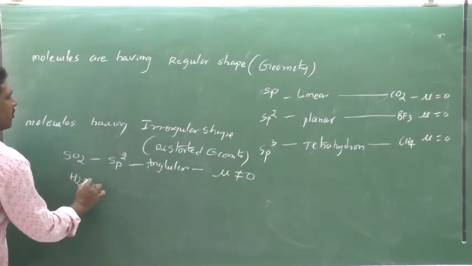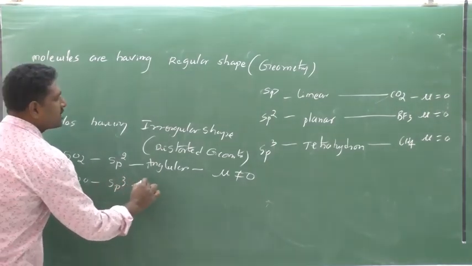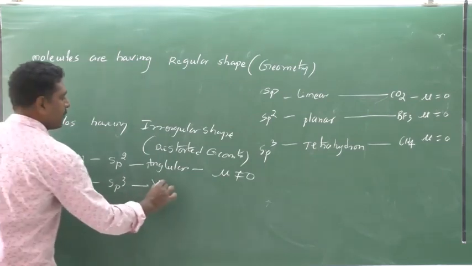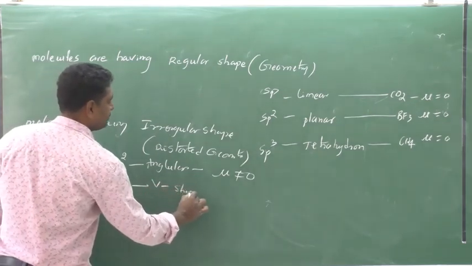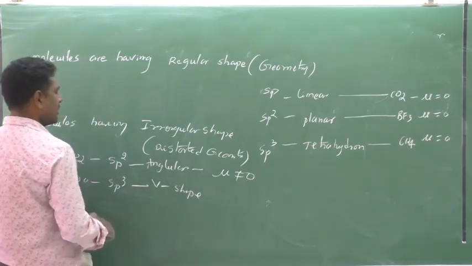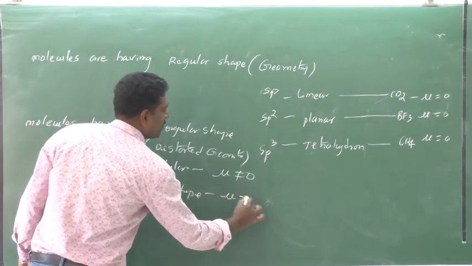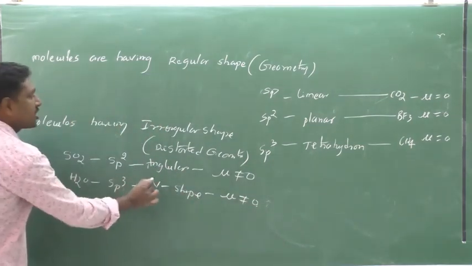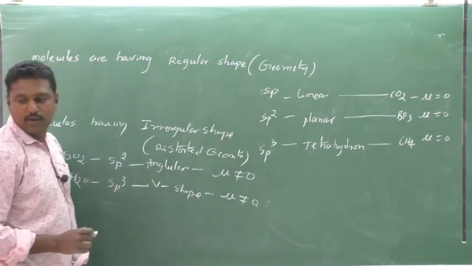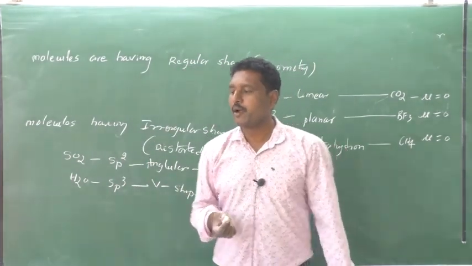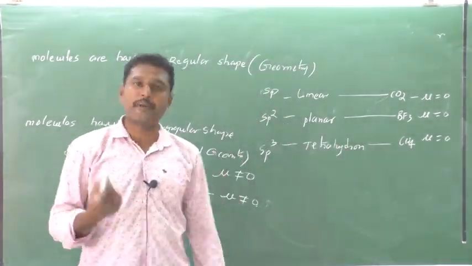Water, H2O, is sp3, but the shape is not tetrahedron, the shape is V shape. Mu is not equal to 0. Because with sp3 hybridization the shape would be tetrahedron, but here it is angular.